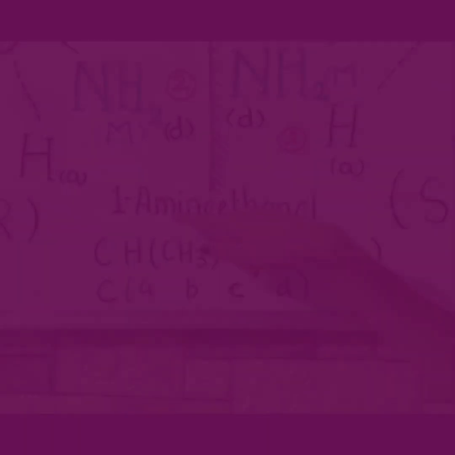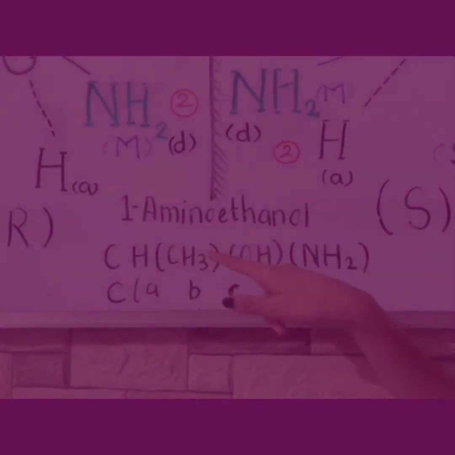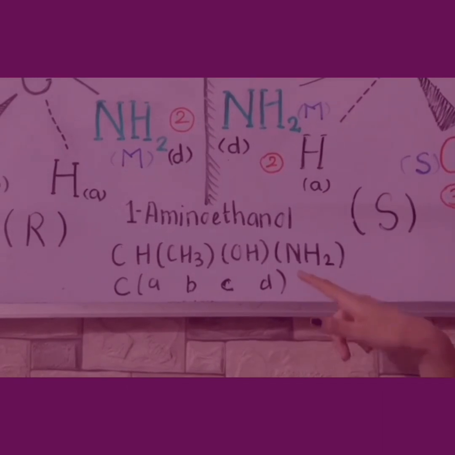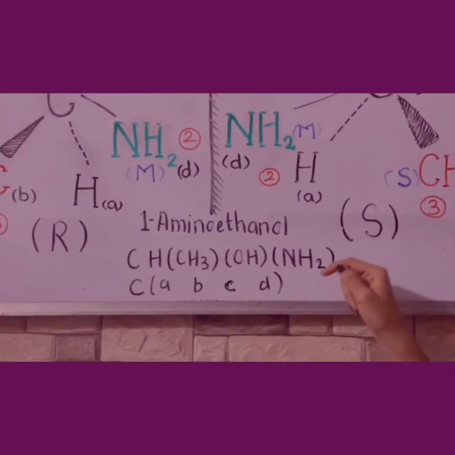Let's understand what R and S isomers are with a simple molecule having one chiral center, and then let's apply it to glucose. The compound we have considered is 1-aminoethanol. Here the carbon is attached to hydrogen, CH3, OH and NH2, that is A, B, C and D. Since all four groups are different, the compound is chiral.